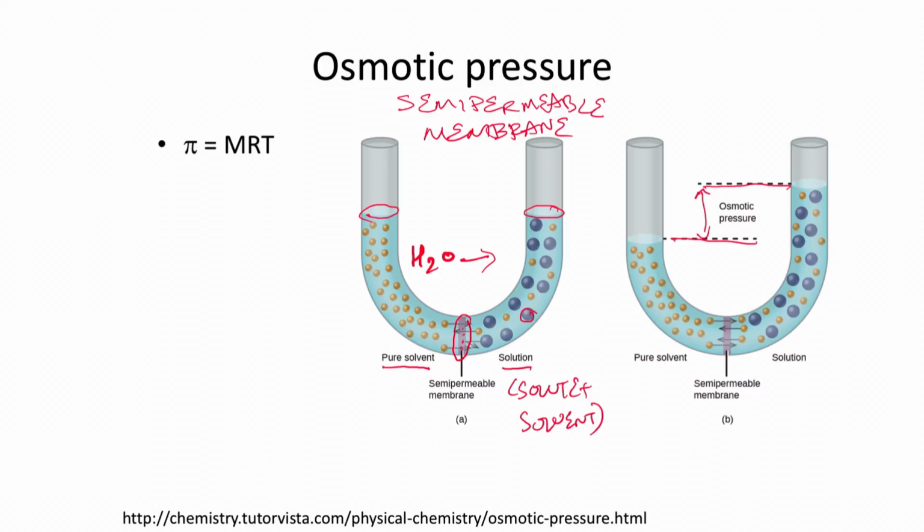This osmotic pressure, pi, is directly proportional to the concentration, how much of it I have. The osmotic pressure, pi, is equal to the molarity, M, times the gas constant, R, times T, temperature. When you use this formula, make sure your temperature is in Kelvin, absolute temperature.